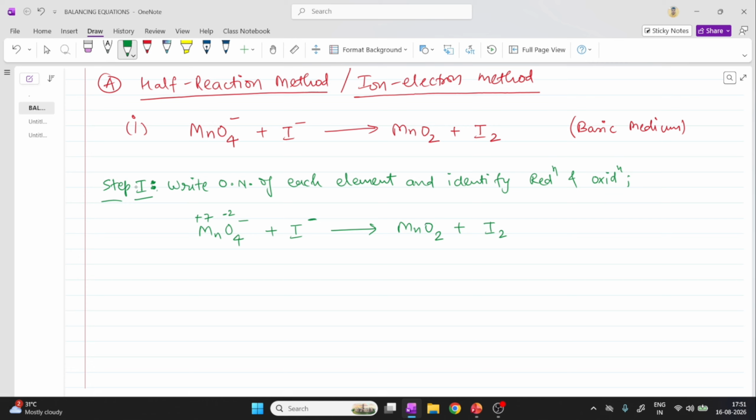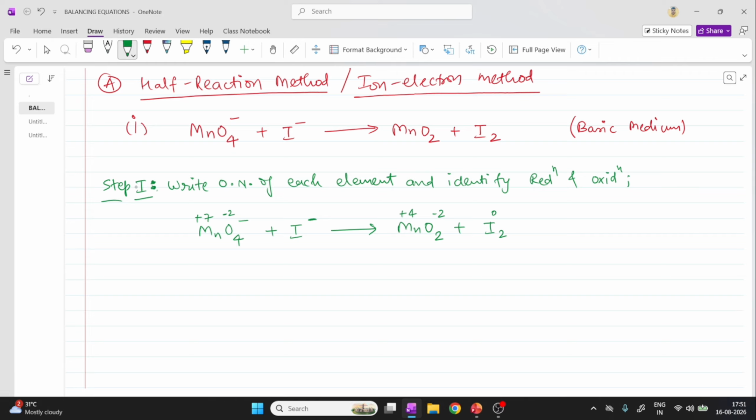In this case, manganese, so MnO2, O2 is 2 twos are 4, minus 4, and so this manganese will be plus 4 and this oxygen is again minus 2. Iodine is present in its molecular elemental state, so this is 0. Now find oxidation and reduction.